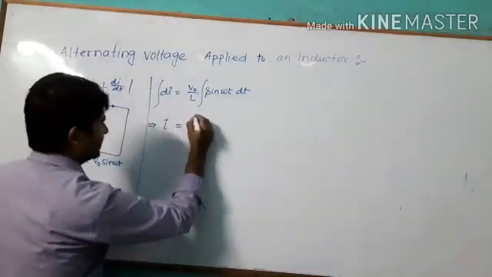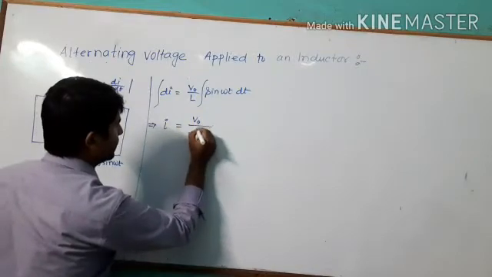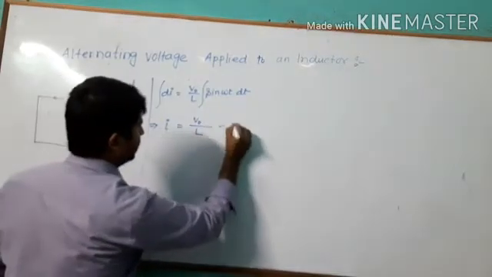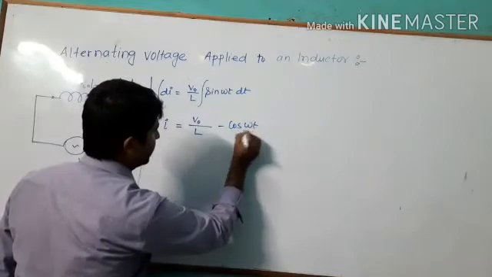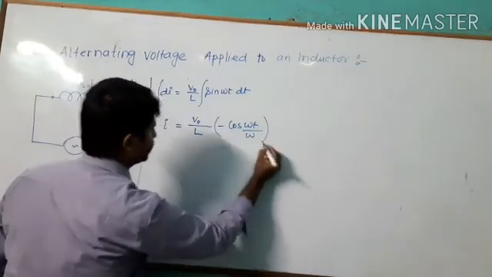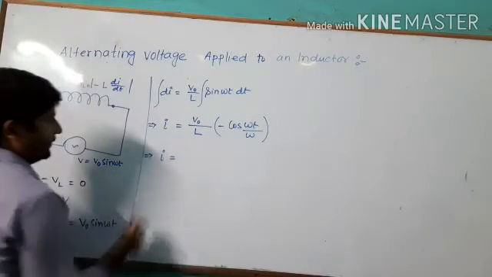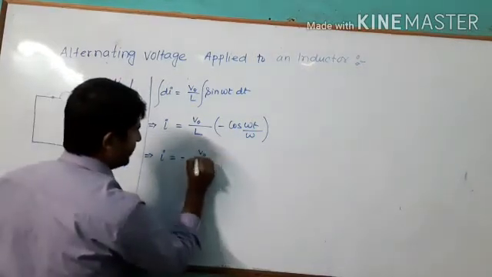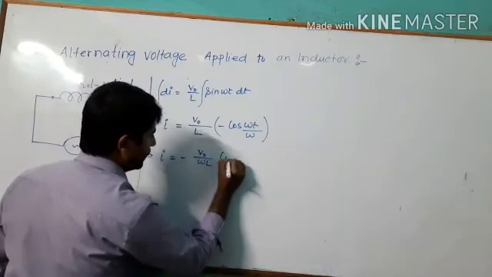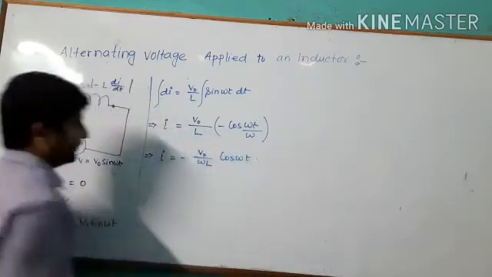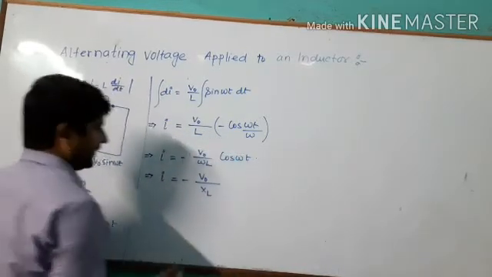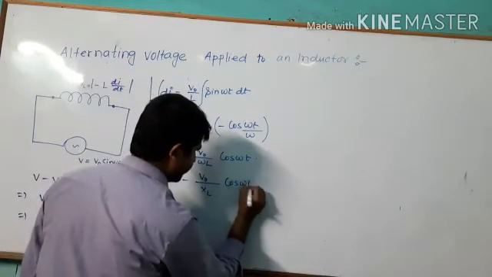So V0 by L, this is minus cos omega t by omega. So I equal to minus V0 by omega L into cos omega t. Say this is XL into cos omega t.